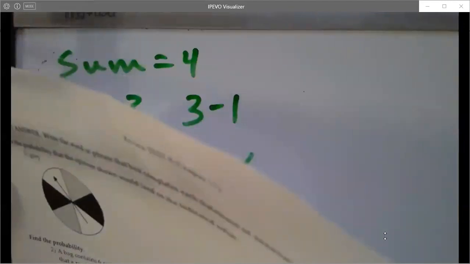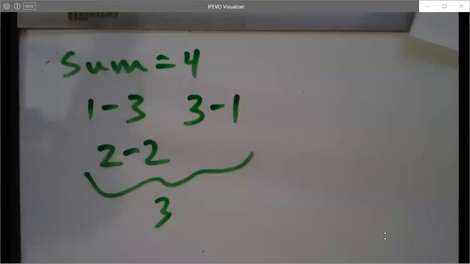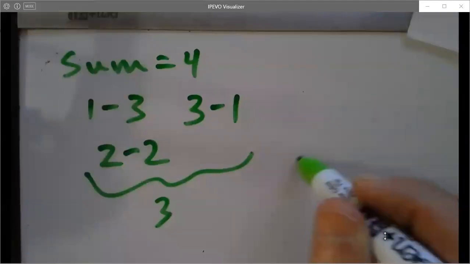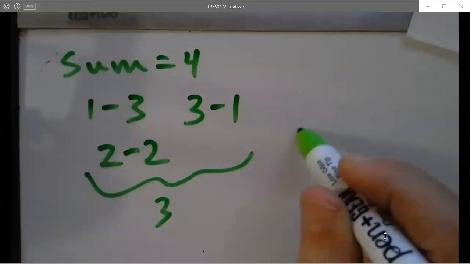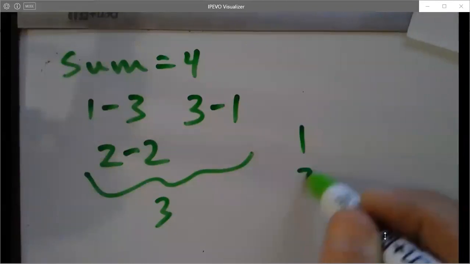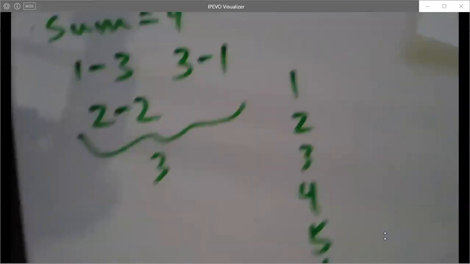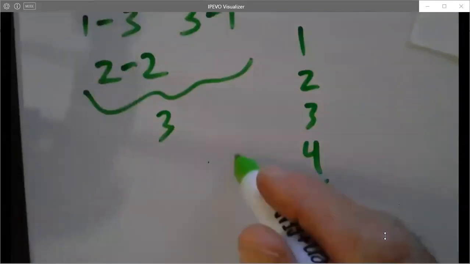So for 2 dice, you've got 1, 2, 3, 4, 5, 6 for die 1.